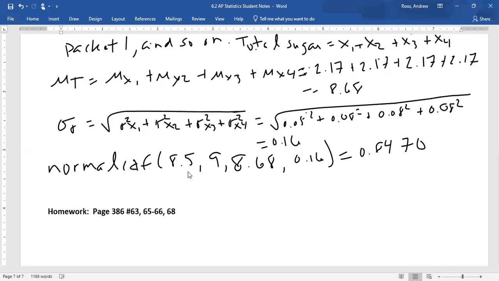Again, you could use these data values, the mean and the standard deviation, to get the z-scores and use Table A. So, interpretation: there is about an 85% chance that Mr. Starnes' tea will taste just right.